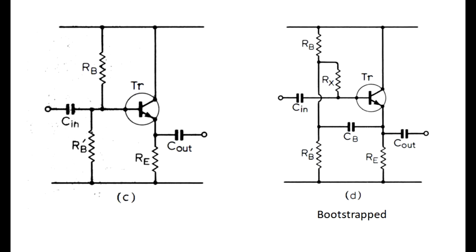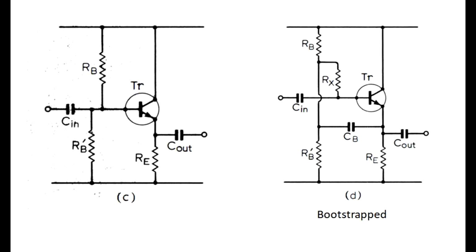Remember, the input impedance is the parallel combination of those two resistors. So what we've done here is we've added another resistor that ties to that same point. So the DC biasing is still the same. The base of that transistor will still be held at a particular DC voltage. Now the AC signal is going to be a bit different because we've introduced another capacitor, CB.